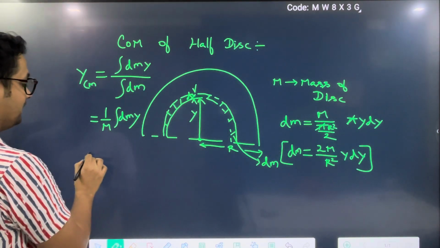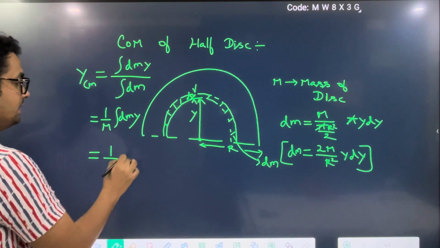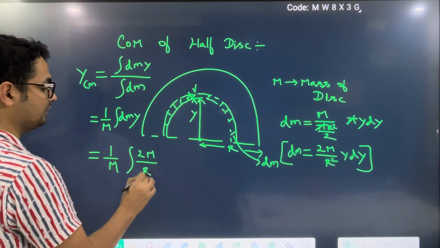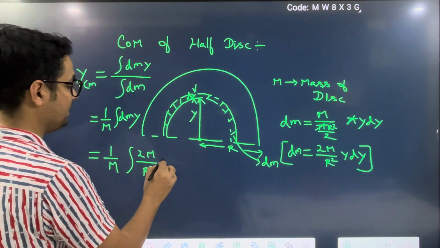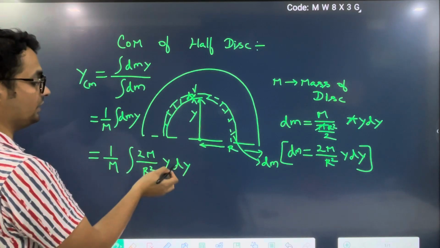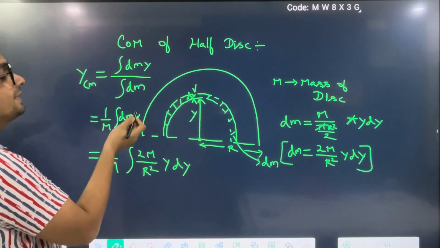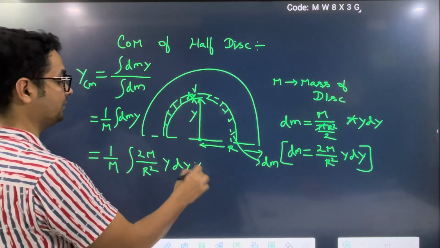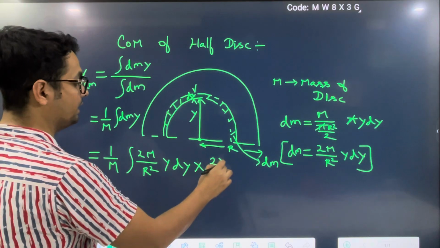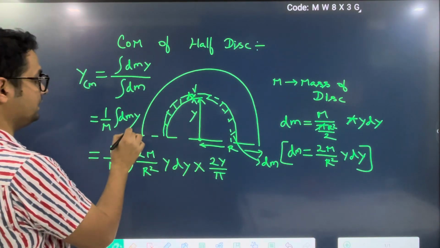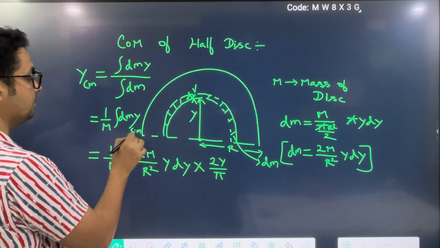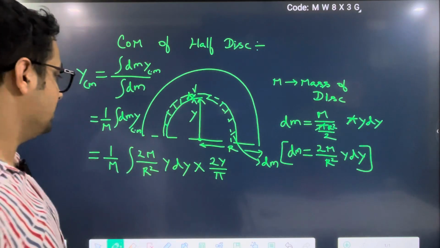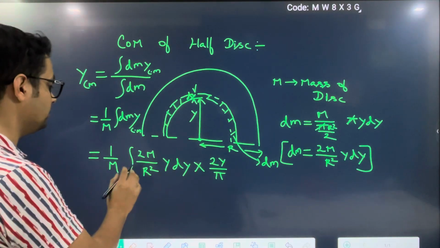You can write it as 1 by M integration of dm, which is 2M by r square y dy, times y cm. Here this y is not that y; it is the y coordinate of the center of mass of this half ring. So it is better to write y cm, which is 2y by pi.